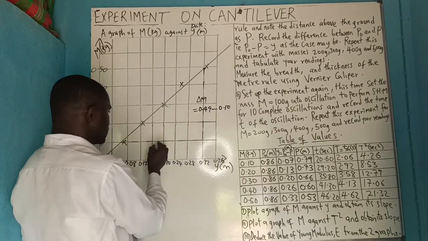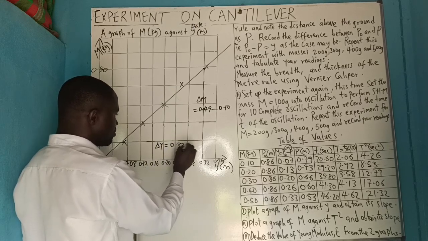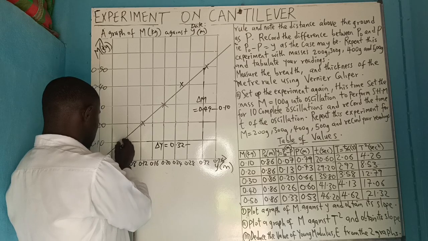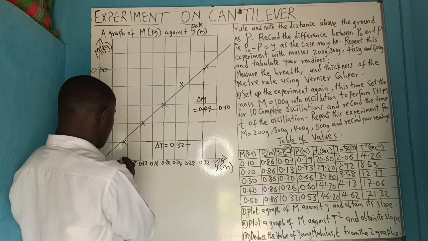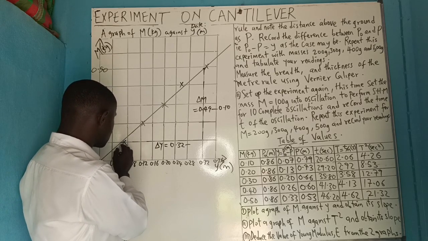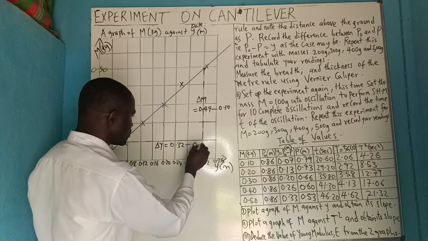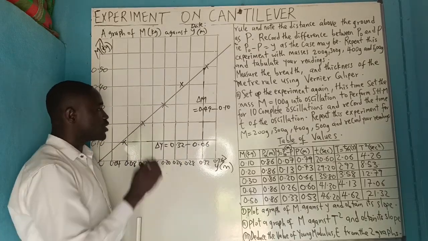This point is change in Y equals to 0.32 minus this is 0.06, since here is 0.07, so 0.06.